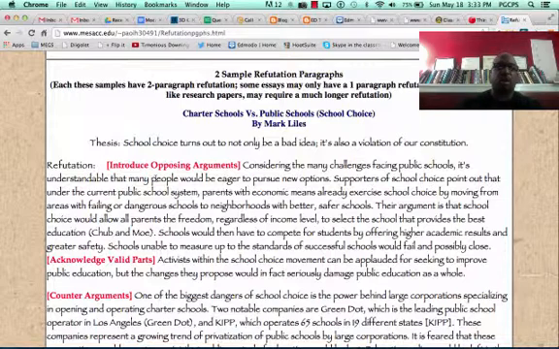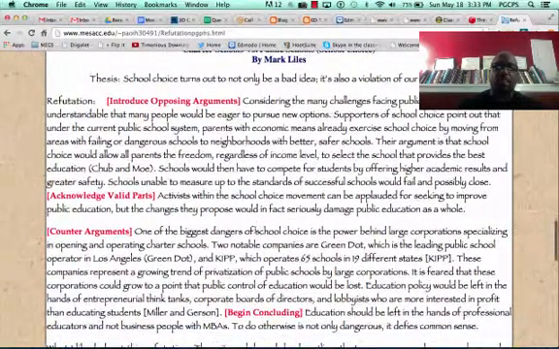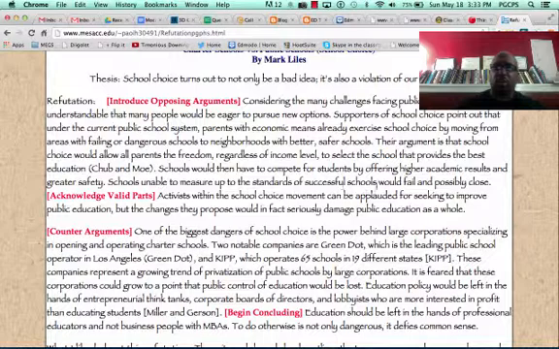Supporters of school choice point out that under the current public school system, parents with economic means already exercise school choice by moving from areas with failing or dangerous schools to neighborhoods with better or safer schools. Their argument is that school choice would allow all parents the freedom, regardless of income level, to select the school that provides the best education. Schools would then have to compete for students by offering higher academic results and greater safety. Schools unable to measure up to the standards of successful schools will fail and possibly close."